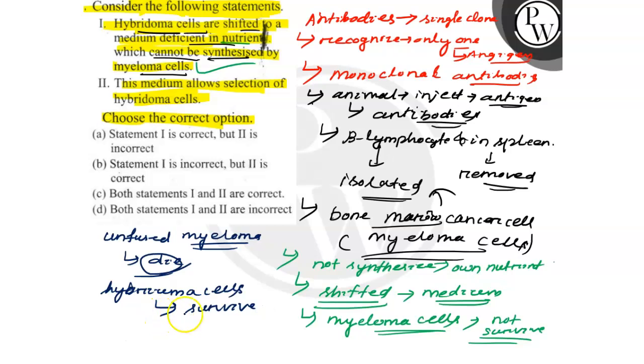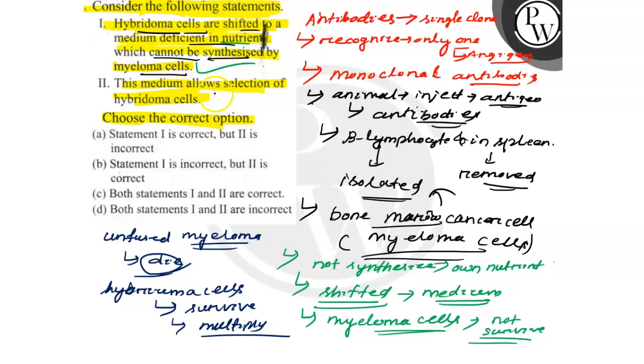The surviving hybridoma cells are allowed to multiply separately, and each clone is tested for the ability to produce the desired antibodies.